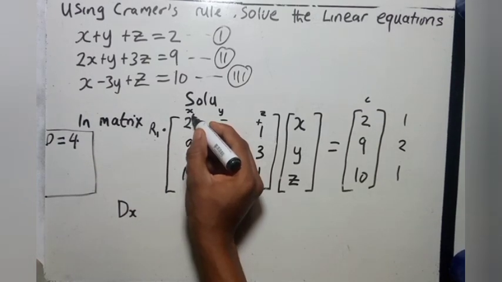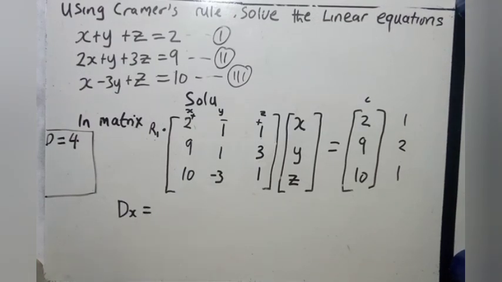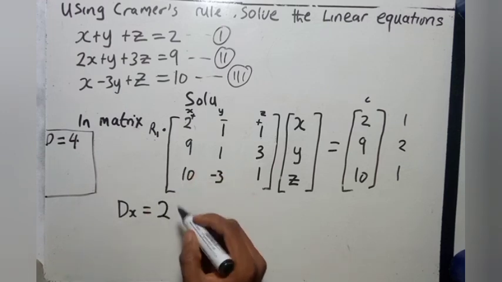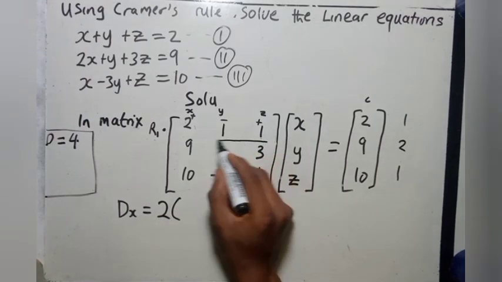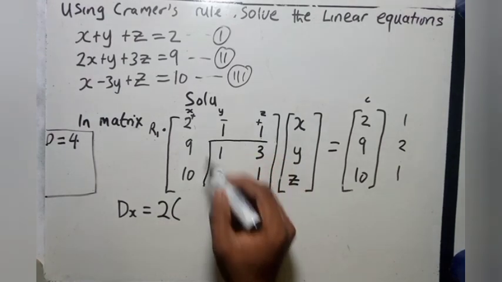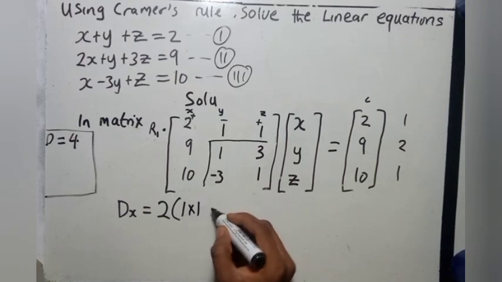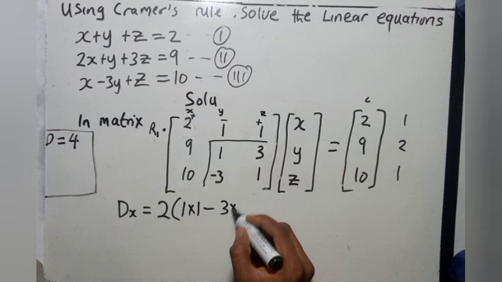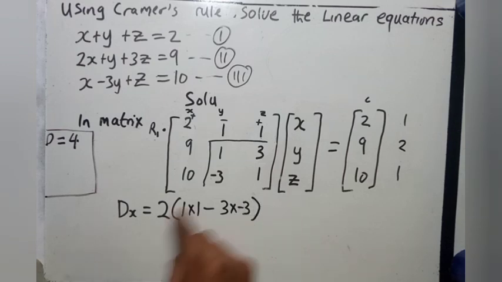Then our sign. So we'll go again. Plus 2, write down 2. Now it will be multiplying everything that is not in row 1 and column x, which is this. So we have 1 times 1 minus 3 times minus 3 for the first one.